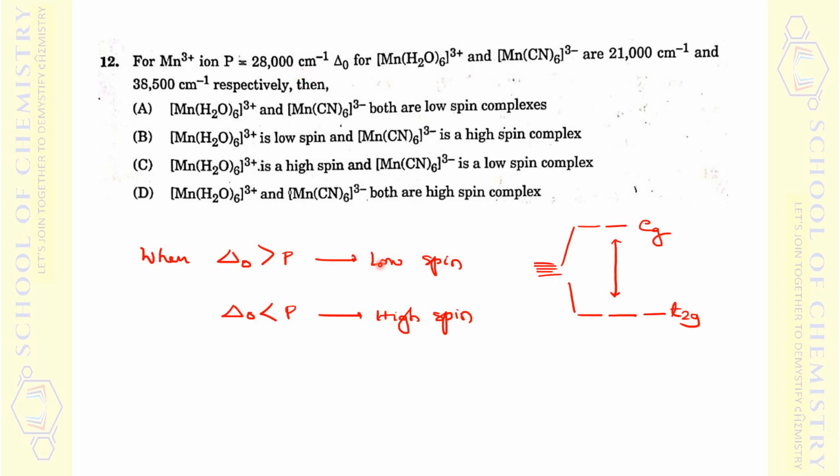The concept is that according to crystal field theory there will be splitting of d orbitals into the t2g level and the eg level.